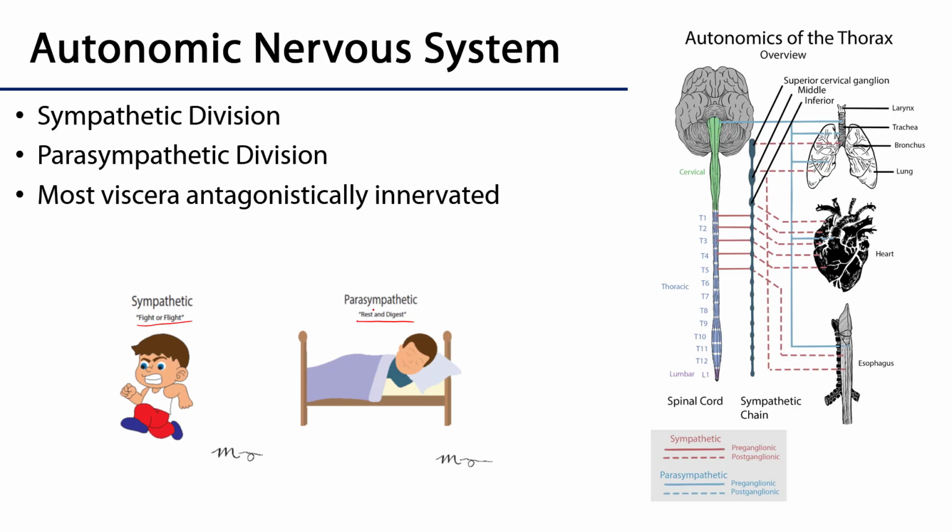The smooth muscle lining our gastrointestinal tract would contract. Our glands would secrete. Our vasculature, the smooth muscle in the walls of our vasculature, would relax ever so slightly. And so at any given time, there is this balance between the sympathetic and the parasympathetics.